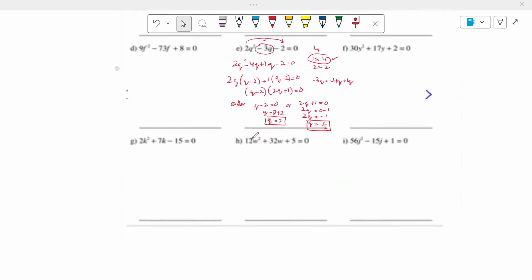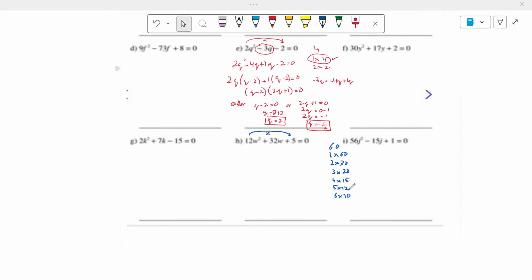Let's try out this part H. 12 multiplied by 5 gives us 60. Let's make the paired factors of it. 1 into 60 and 2 into 30, 3 into 20, 4 into 15, 6 into 10.